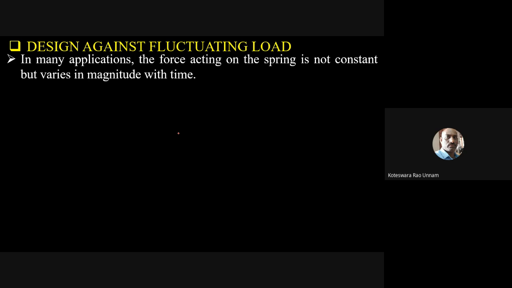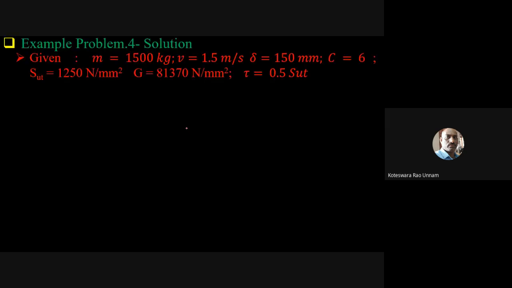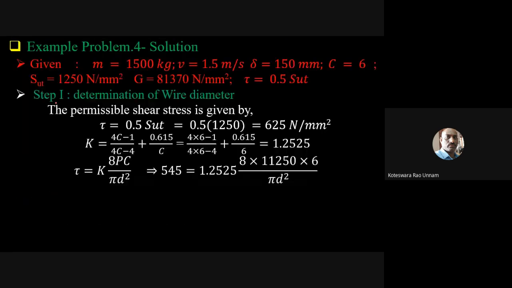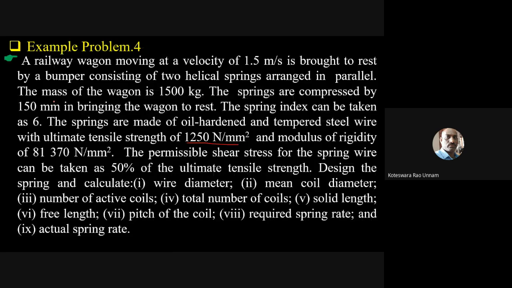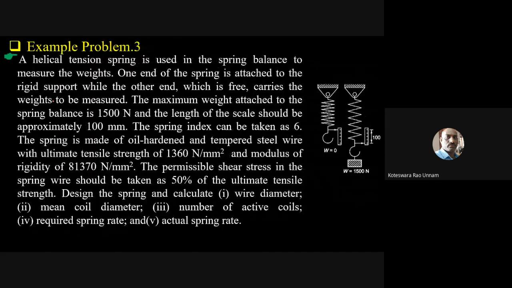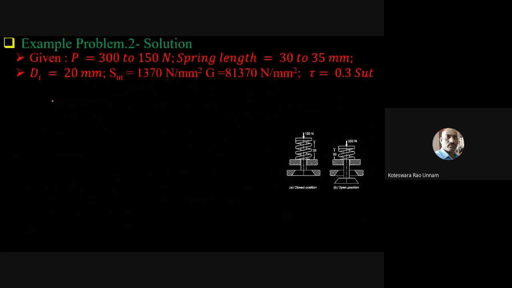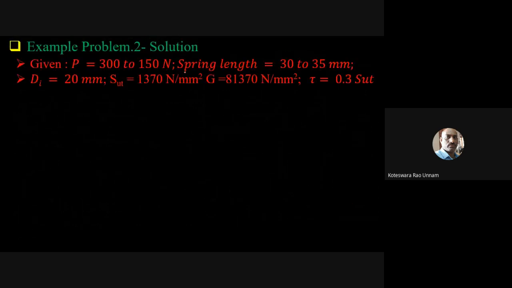That is one kind of application we already discussed in that numerical problem: the valve. In order to control the valve, we use the spring. If you remember it, I'll go back to that problem and show it to you. This is a helical tension spring. In this particular problem, you can see that the load is varying from 300 Newtons to 150 Newtons.